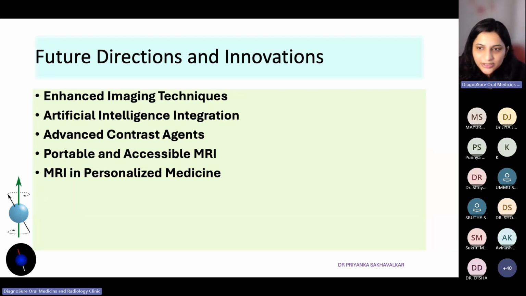It will also assist in forecasting disease progression, which is an upcoming thing. Then there are advanced contrast agents which provide enhanced tissue differentiation. They are trying to make portable and accessible MRI. But again, it is all future development and they are focusing on getting personalized MRI.